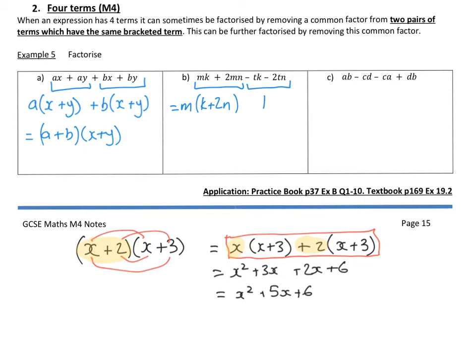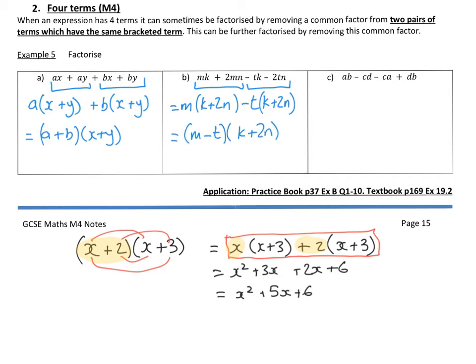Ideally we want the same, so we'll put the k plus 2n, and then we say, well, what do we need to put outside this bracket to get back to the minus tk minus 2tn? And hopefully we can see that we need to put out a minus t. So minus t times k is minus tk, minus t times 2n is going to be minus 2tn. And now because the brackets are the same, and we've got a term outside each, we can write that as m minus t times k plus 2n.